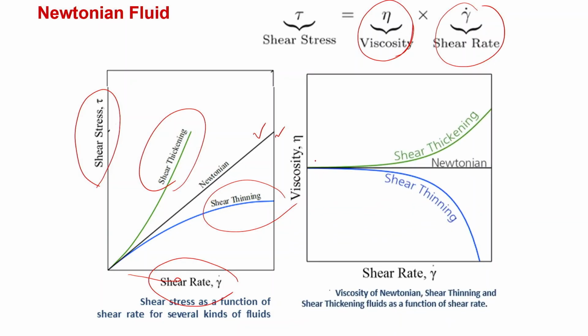So, this is the viscosity of a Newtonian fluid with the shear rate. The viscosity remains constant, in shear thickening it increases and in shear thinning it reduces with the shear rate. So, for ballistic protective clothing we use the shear thickening fluid.